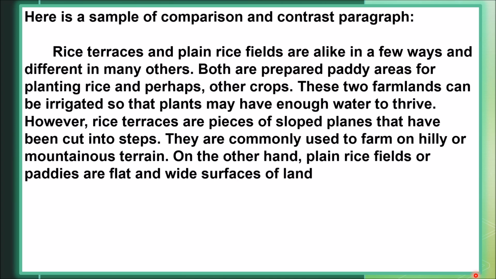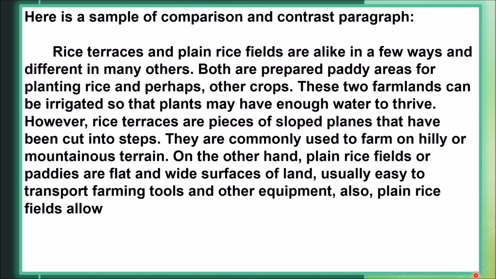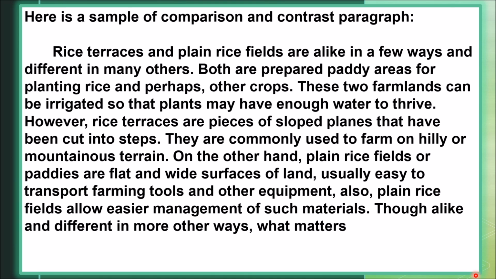On the other hand, plain rice fields or paddies are flat and wide surfaces of land, usually easy to transport farming tools and other equipment. Also, plain rice fields allow easier management of such materials, though alike and different in more other ways.